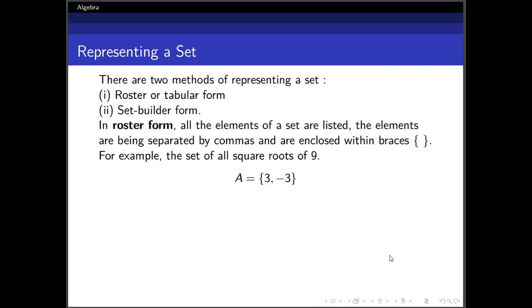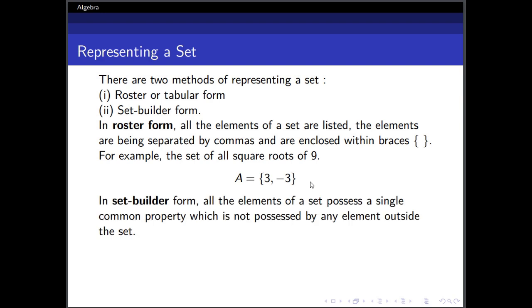For example, if you have to express the set of all square roots of 9, then it is expressed as A is equal to {3, minus 3}. We just list the square roots of 9 and enclose that list with curly brackets.